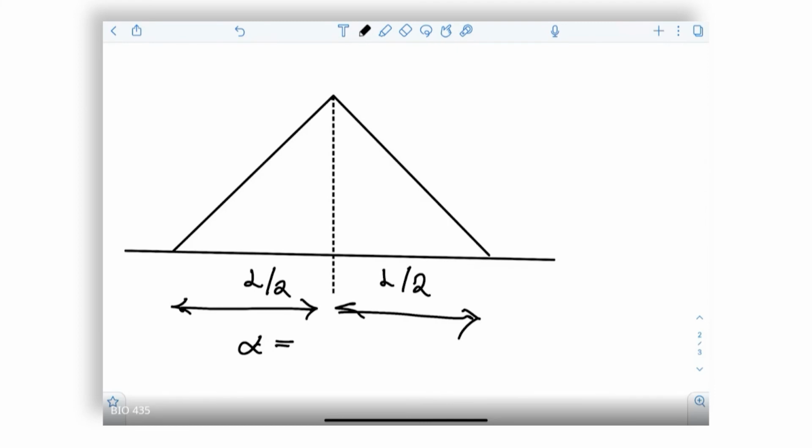Actually, maybe how do I put this? So alpha is equal to L. I have to call this something. So L1 by L2.